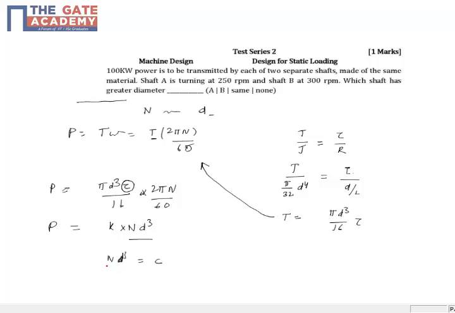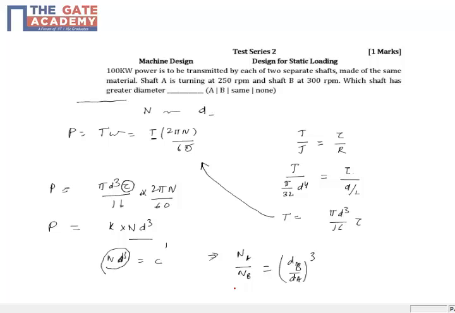So now the speed varies inversely with the cube of the diameter, so what I can say from this equation is that Na by Nb is equal to Db by Da, whole cube, and so the higher speed will have a lesser diameter.